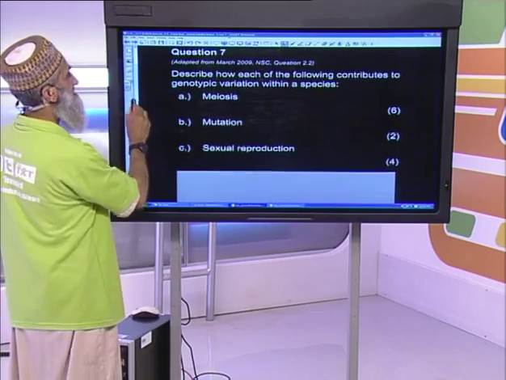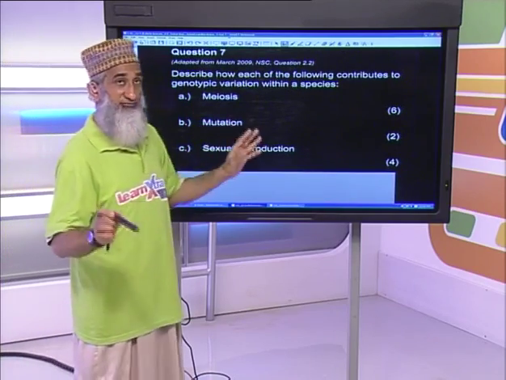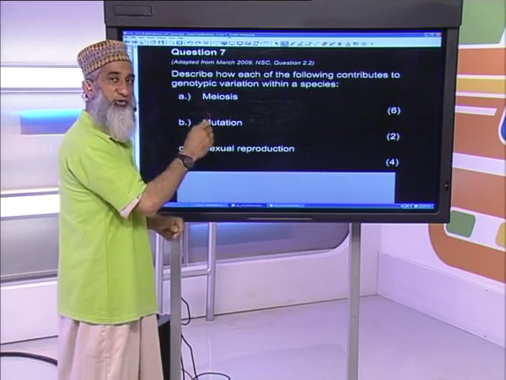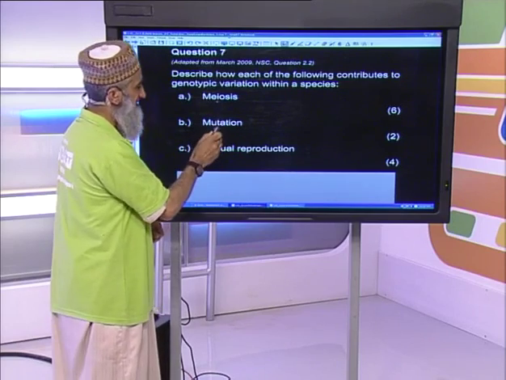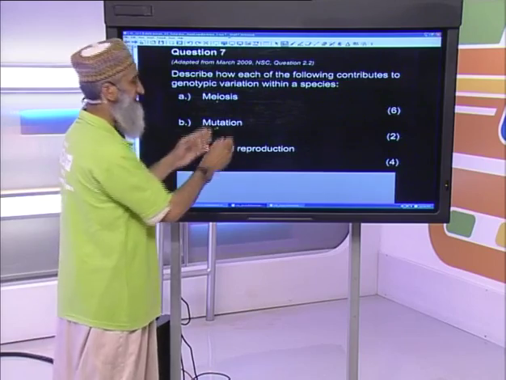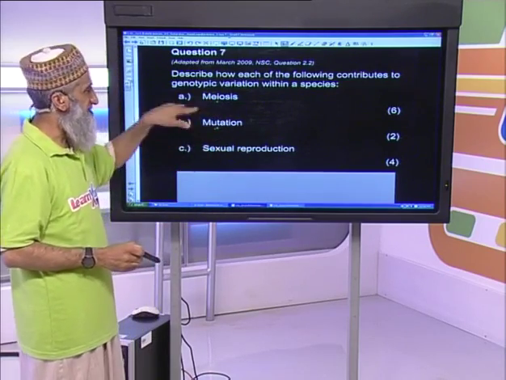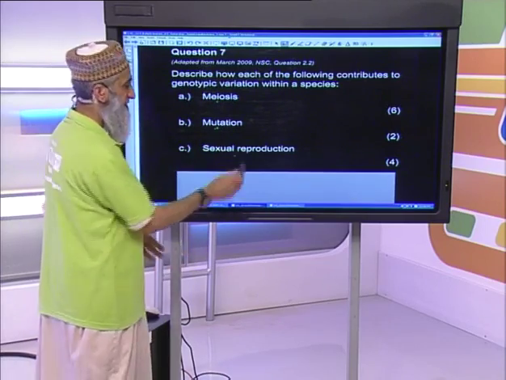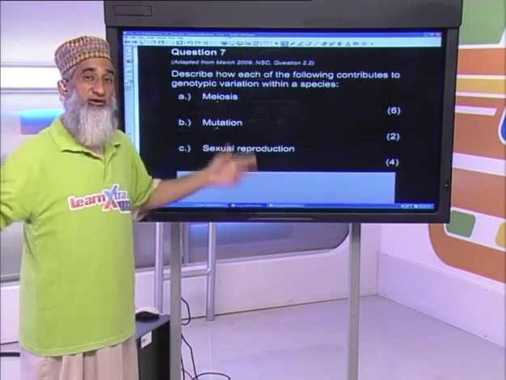A question now says, describe how each of the following contributes to genotypic variation within species. Meiosis, mutation, sexual reproduction. Guys, you've learned this, not in evolution. You've already learned that in meiosis, in DNA and in DNA replication and the rest of it. You've learned about meiosis, you've learned about mutation. And in your paper too, you'll learn about sexual reproduction as well. You don't have to learn it twice and 3 times.